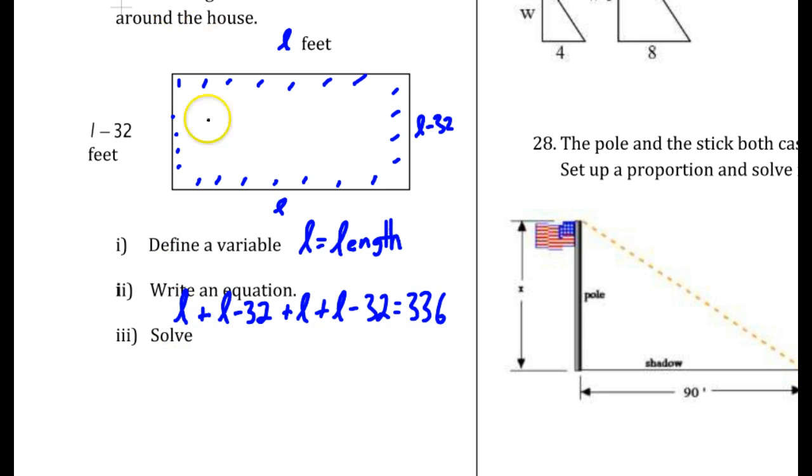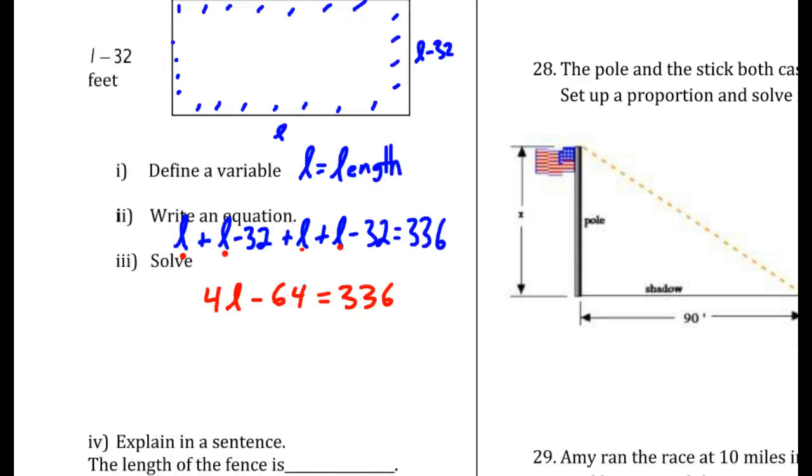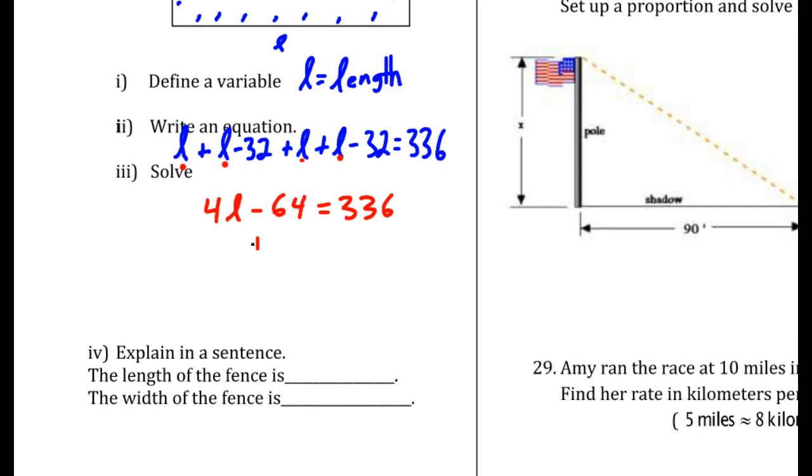We have 1, 2, 3, 4 L minus 64. Right, add 64 to both sides. Okay. So we know 4L is equal to 400, which means L is 100.